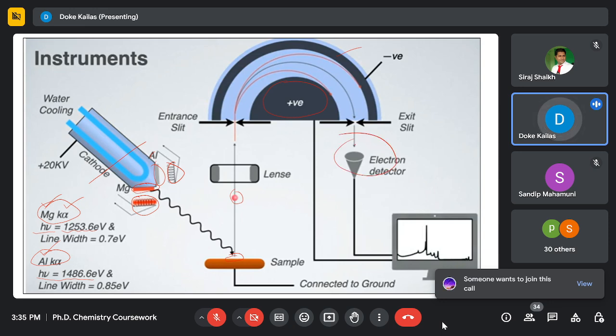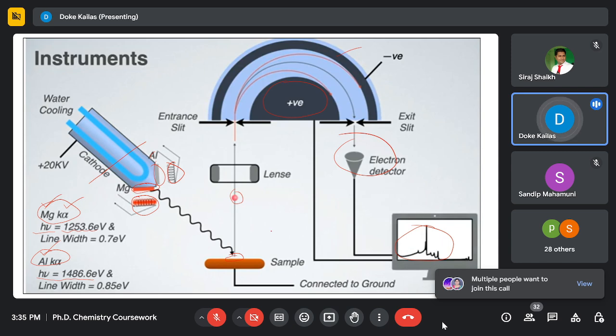The electron detector detects the kinetic energy of those particular photoelectrons, and by using computer algorithms we get the spectra, like NMR spectra, ESR spectra, UV spectra, FTIR. That spectrum is called the X-ray photoelectron spectrum.